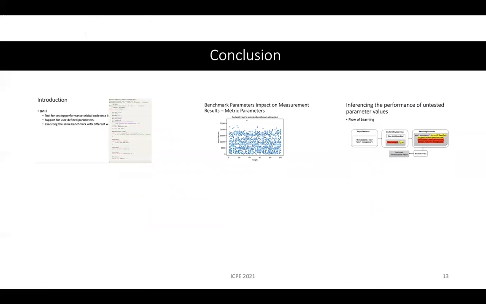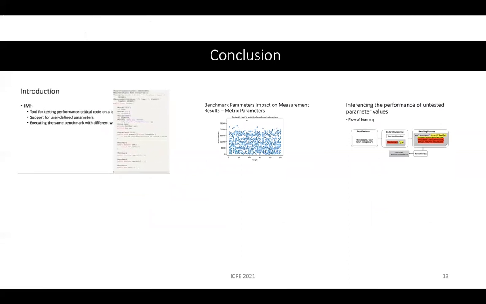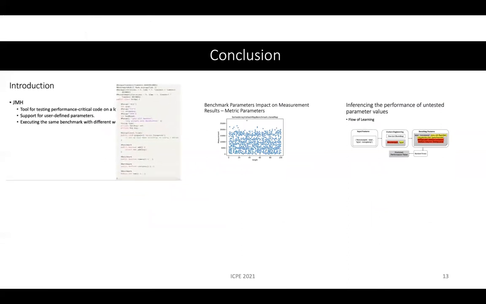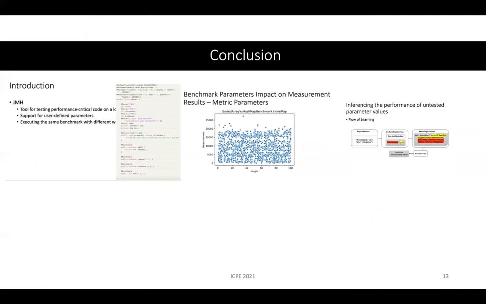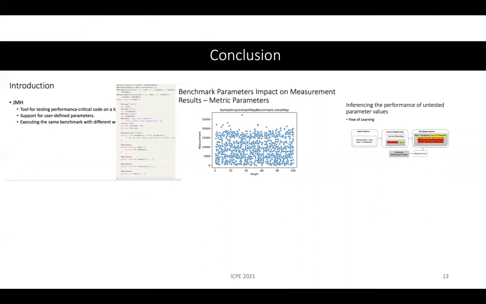So to sum up, through these experiments, we investigate the parameterization of JMH benchmarks on different levels. On the individual level, we investigate the impact of individual parameters on the performance results, and we found that 40% of the JMH parameters have no observable impact on the measurement results.